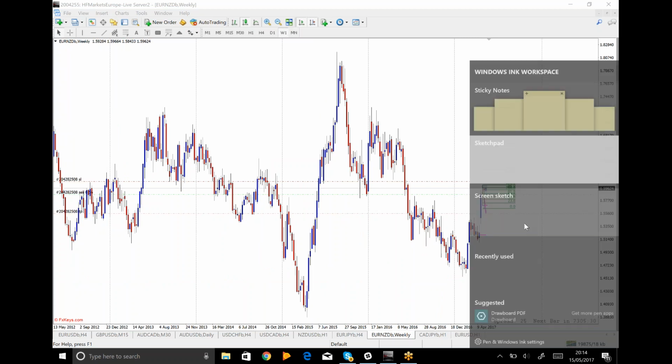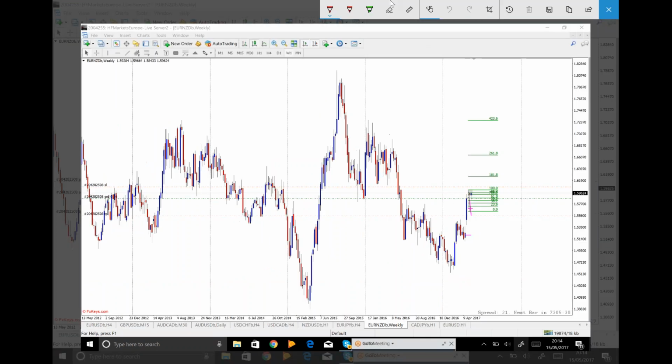Let me get my screen sketch up here. And we can see what kind of structure we are in right now. Giant A, B, C. See that?